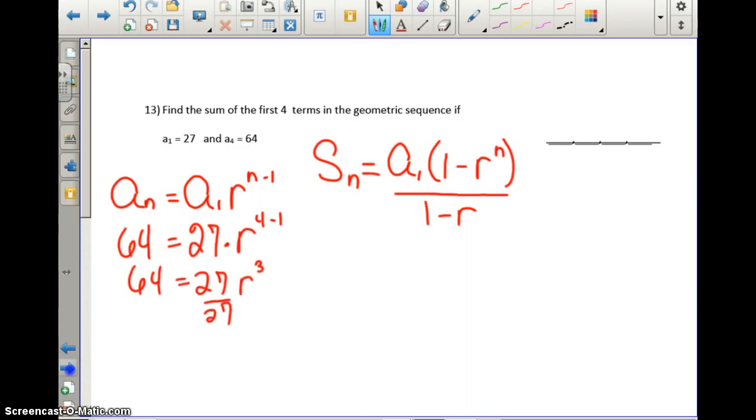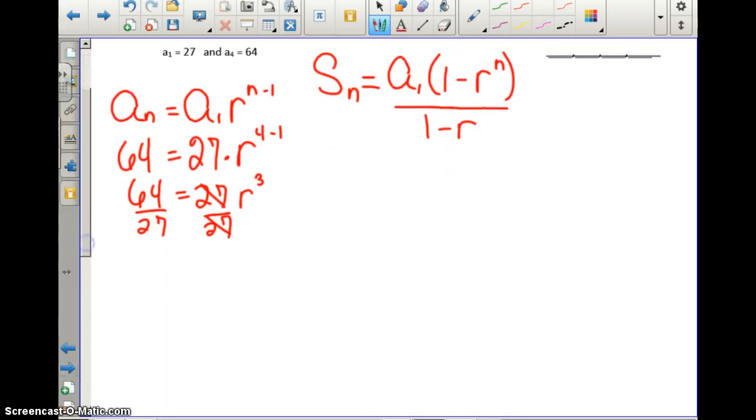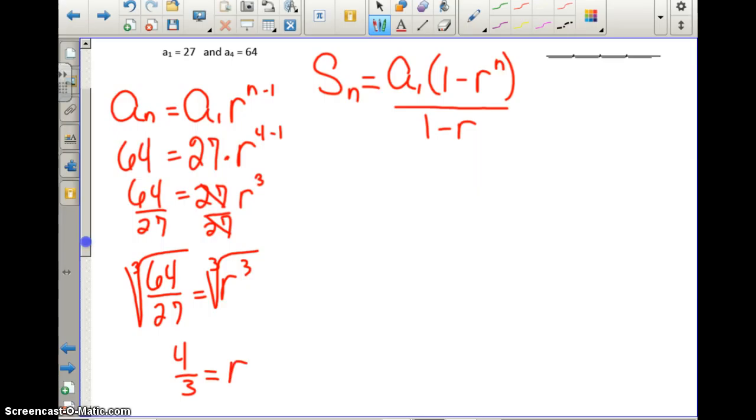Divide by 27. And if I look at 64 and 27, I might notice that they're both perfect cubes, so maybe I'll leave it in fractional form. Even if you put it as a decimal, you're still going to get the same answer. If I take the cube root of this fraction, I am going to get 4/3. So there's my common ratio of 4/3.